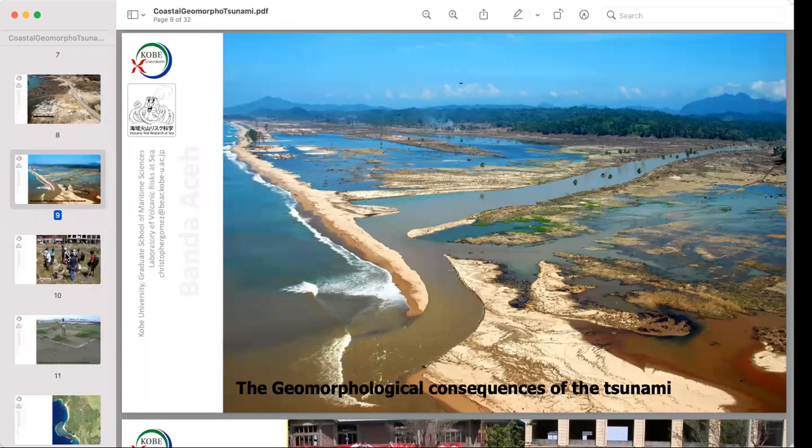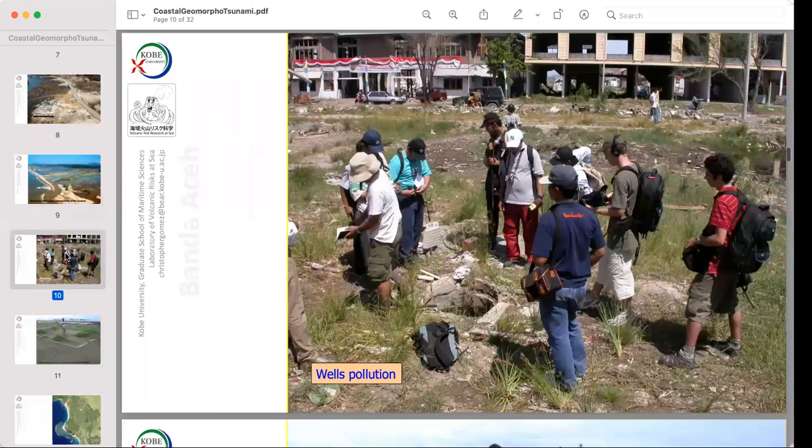And it affected the surface, but it also affected the ground, the subsurface and underground. When you look at it here, you can see you also have well pollution, where several wells have pollution, so the water was mixed. One of the processes that occurred with the tsunami was that before the tsunami arrived, the water receded at sea.